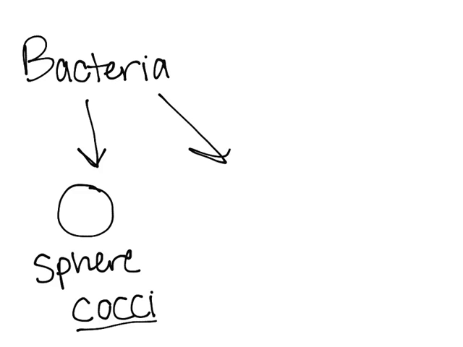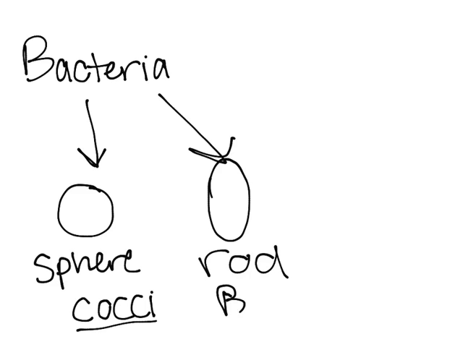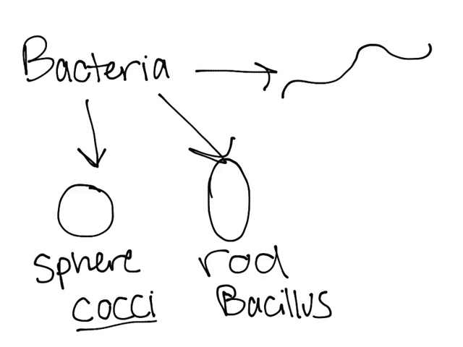The second shape of bacteria is a rod, called bacillus. And finally, the third shape of bacteria is kind of like a spiraling sort of thing.